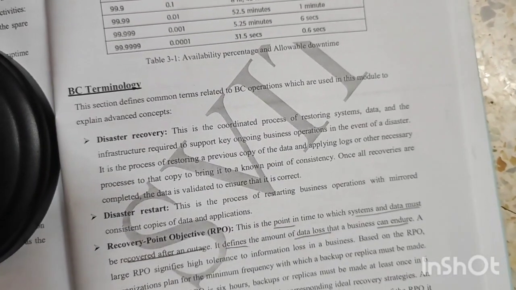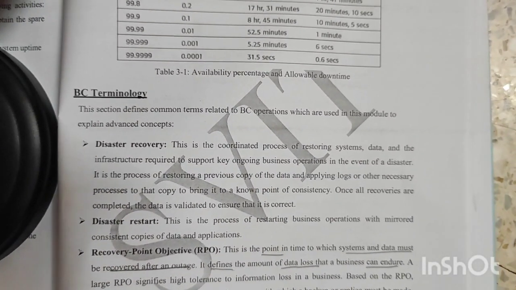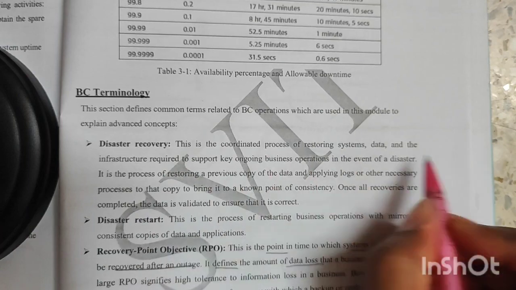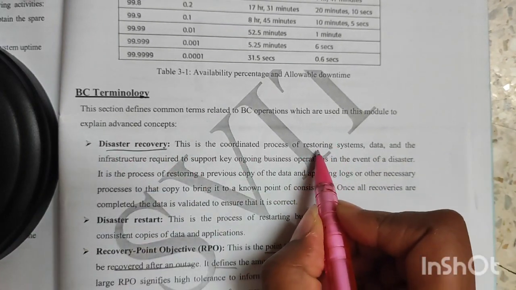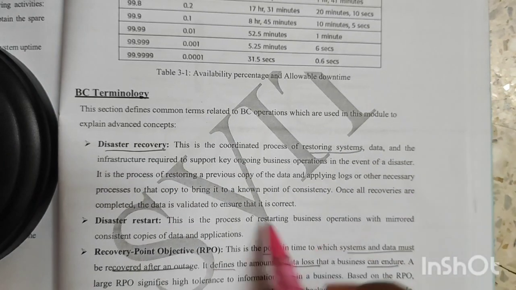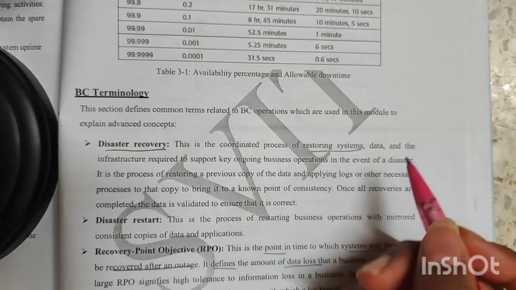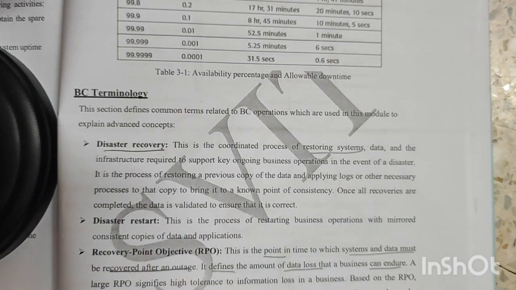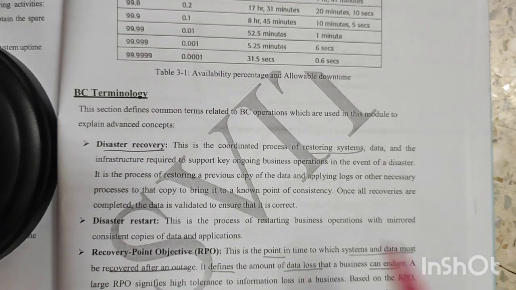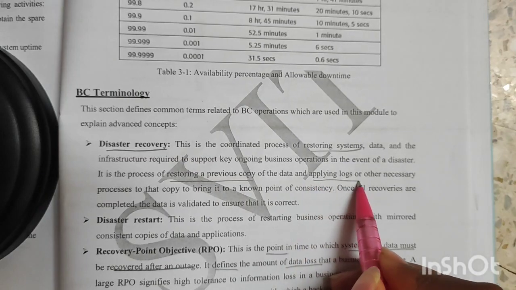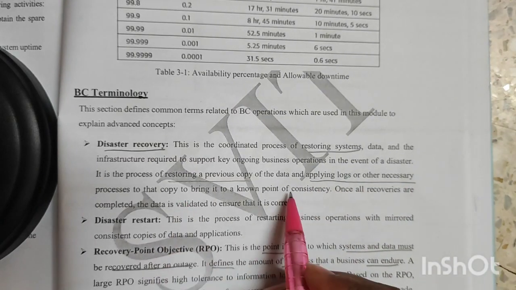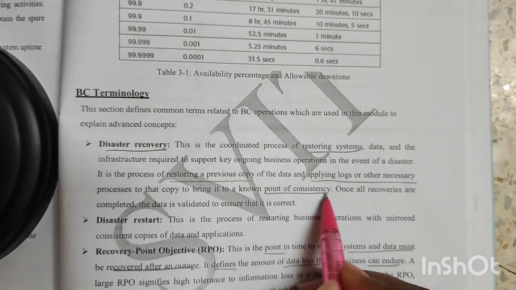You have BC terminologies as the next important part. Disaster recovery is the coordinated process where you restore the system, data and infrastructure after the event of a disaster. You restore a previous copy of data and then apply logs or other necessary processes that bring the data back to a point of consistency.